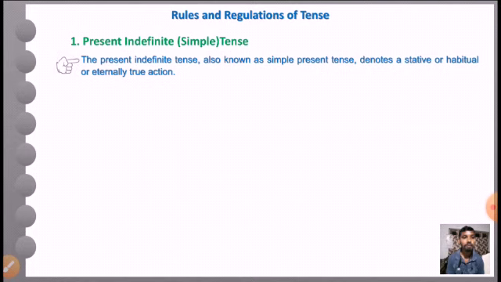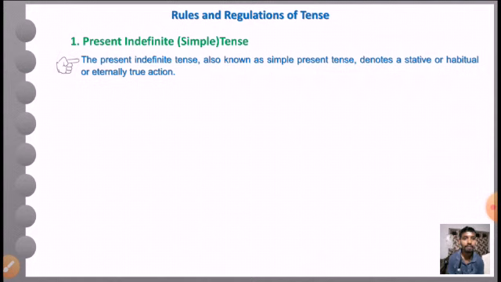If a sentence means a habitual action, in that case we can use simple present tense. For example, I eat rice, that is a habitual action, you are doing it every day. I take a bath every day. These are sentences that mean habitual action.